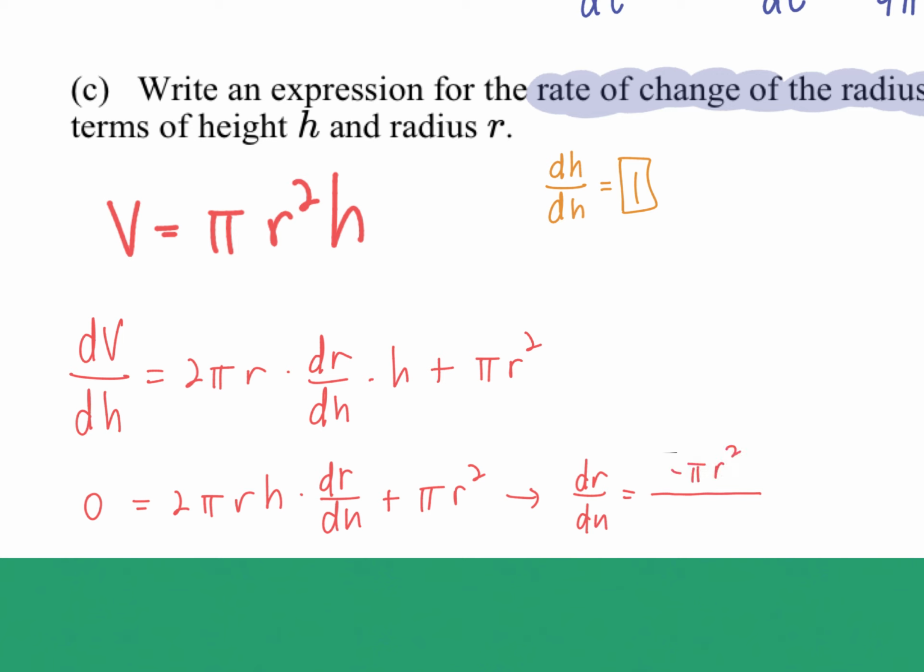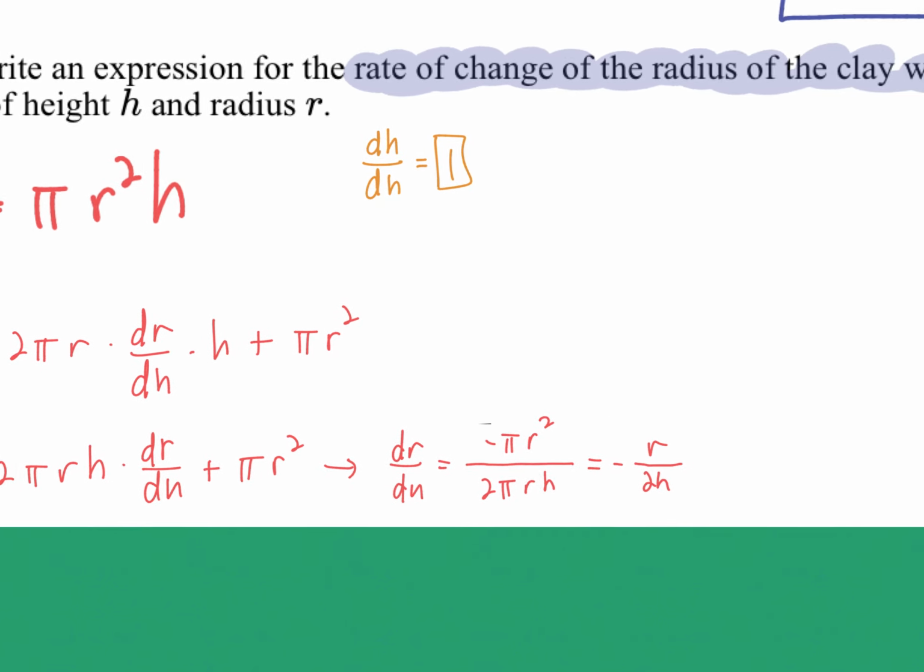And then we'll divide by this 2 pi r h. Alright, and we'll simplify it. The r squared and the r cancel, so just 1 r on top. The pi's cancel. So you're left with negative. You'll have an r in the top, and then a 2h in the bottom.